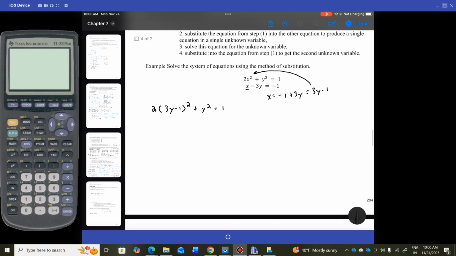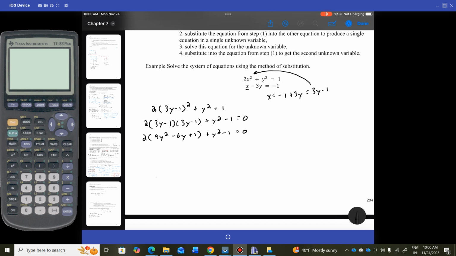And so now we have just a quadratic we have to solve. So to do this, we're going to first FOIL out the 3y minus 1. And so we'll have (3y minus 1) times (3y minus 1). And I'm going to set this equal to 0 by subtracting 1. Okay, so when I FOIL this, I'll get 9y squared minus 6y plus 1.